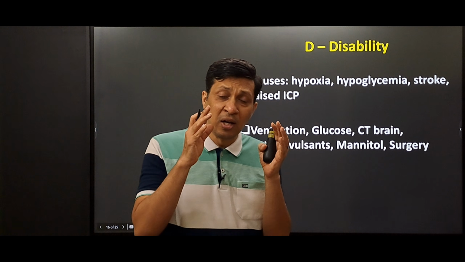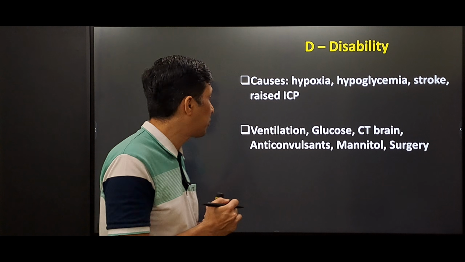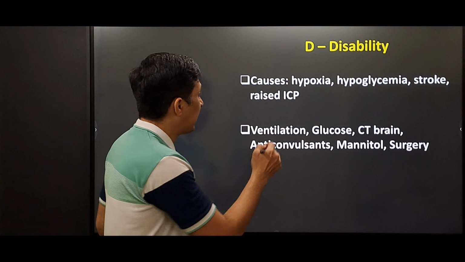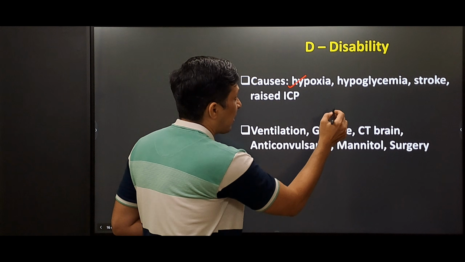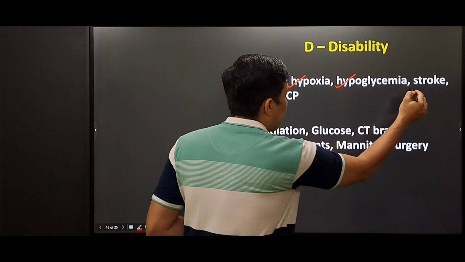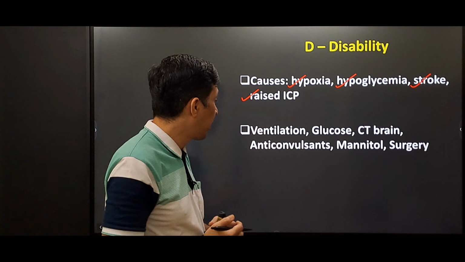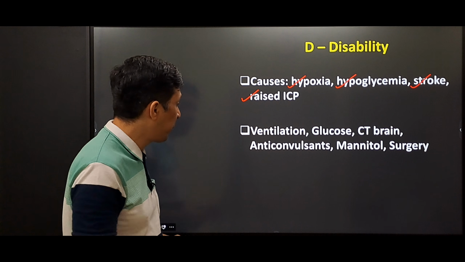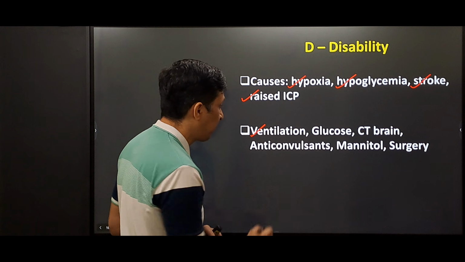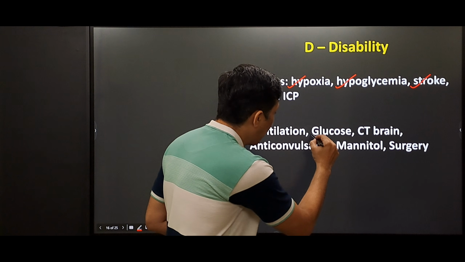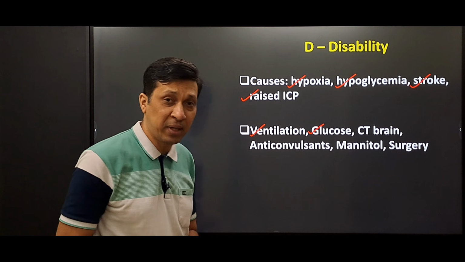Then what are the causes of altered sensorium or altered consciousness? There can be hypoxia, hypoglycemia, stroke, or raised ICP due to trauma. And how will you manage that? You may have to ventilate the patient. You may have to give glucose to the patient if there is hypoglycemia.